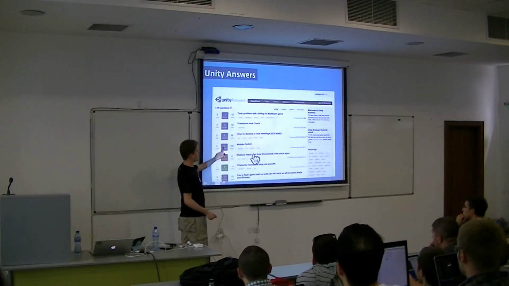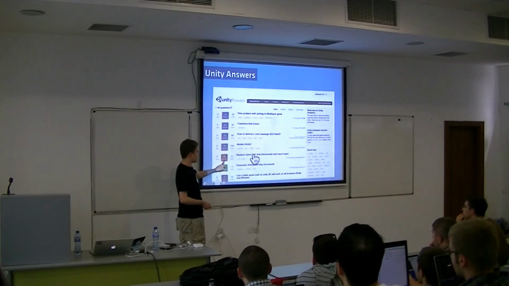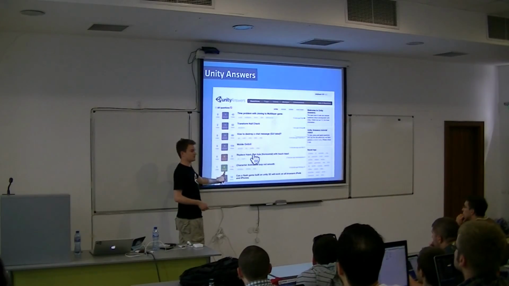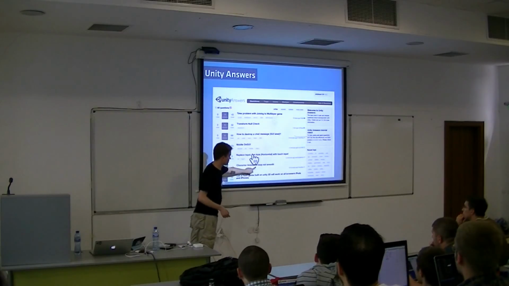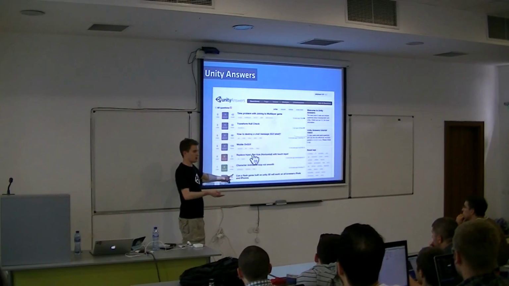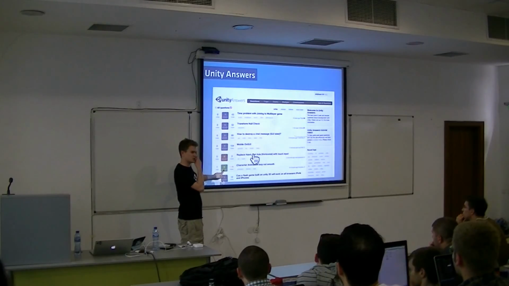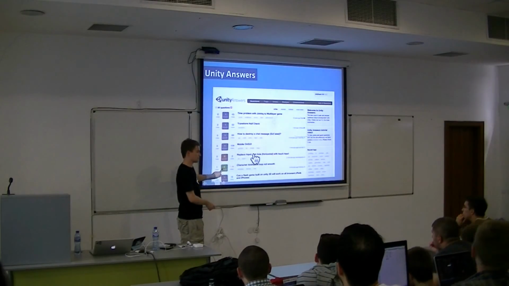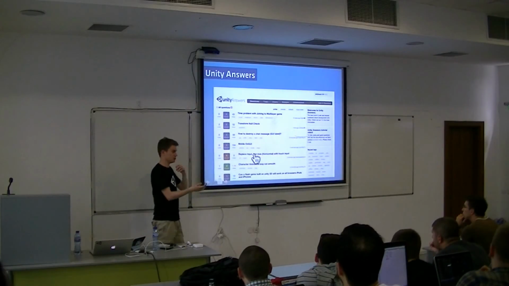So it'll be blue if it's not confirmed, red if there are no answers, or green if confirmed. For example, for a character animation loop that isn't smooth, someone has made a reply, Unity and the community have checked it and said, yes, this is a good answer, and they confirm it, so you can see if the answers are actually useful or not.